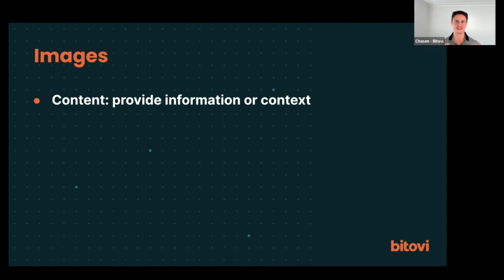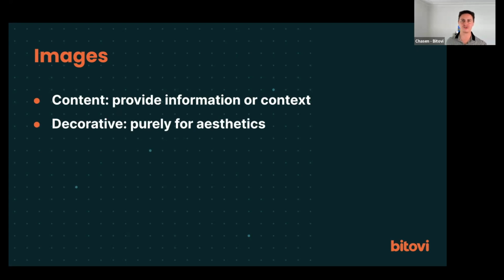That's setting something for the reader, or it gives some context or tone to the text. So content images as opposed to decorative images. These are images that are purely for aesthetics, design flourishes, or images that aren't adding any additional information or tone.